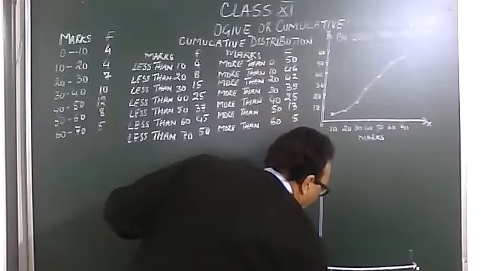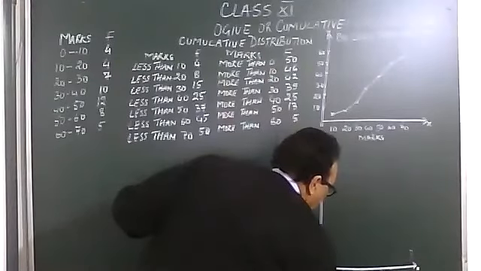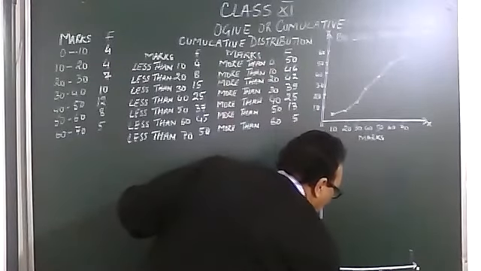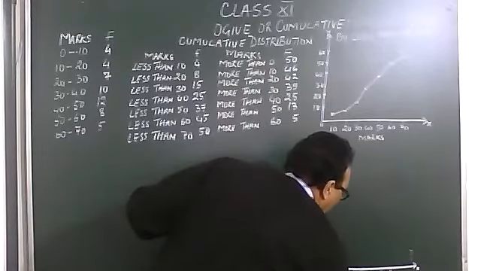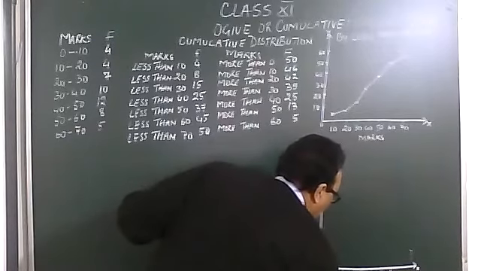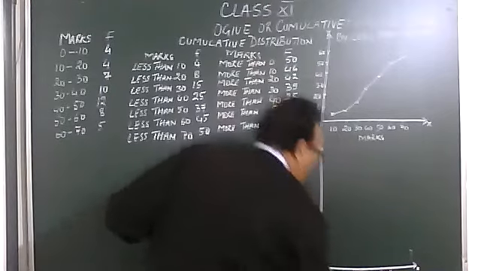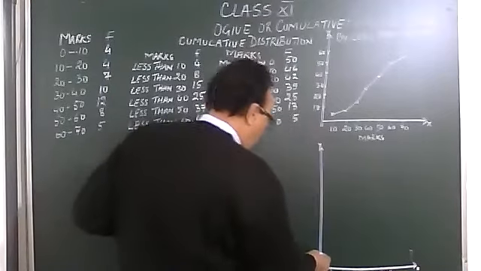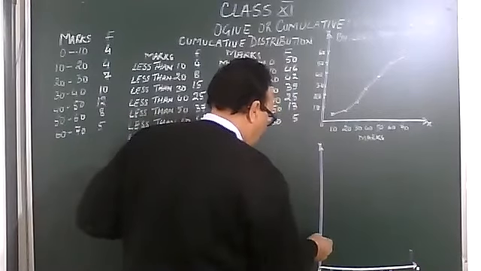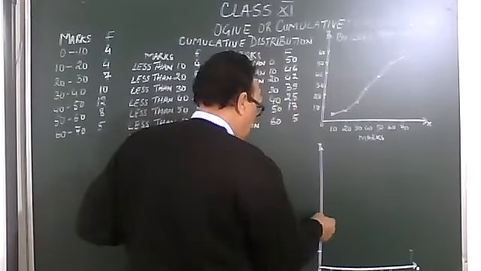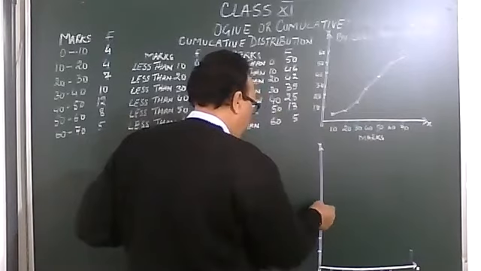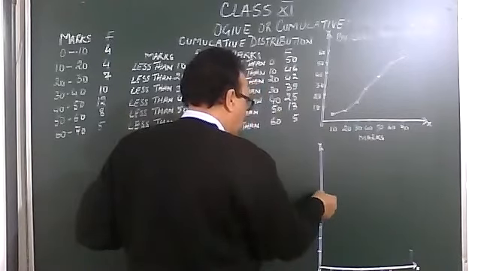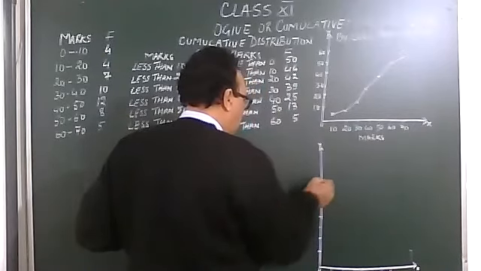40, this is 50, 60, and 70. What are these? These are the marks. Similarly, number of students 10, 20, 30, 40, 50, 60, and 70.